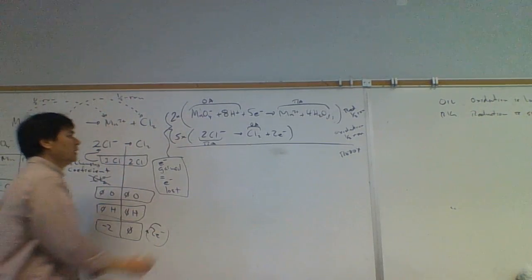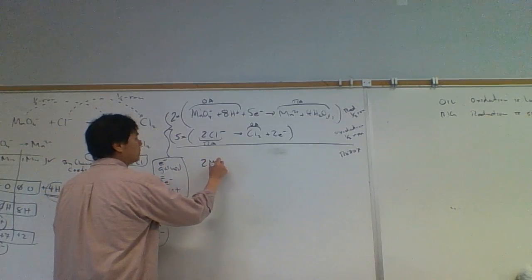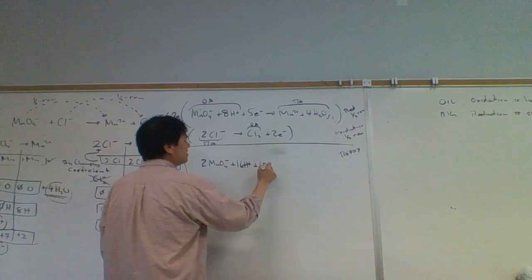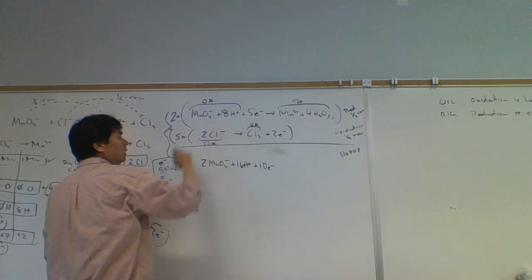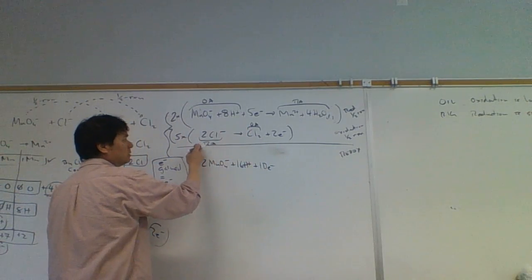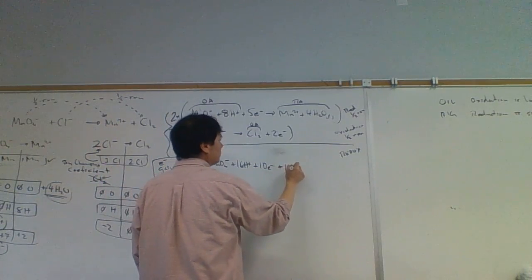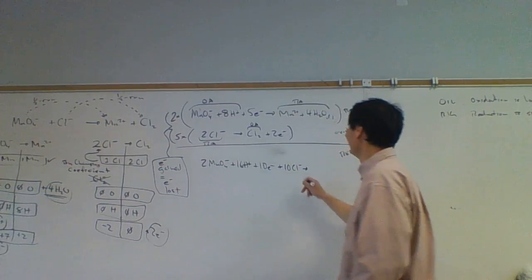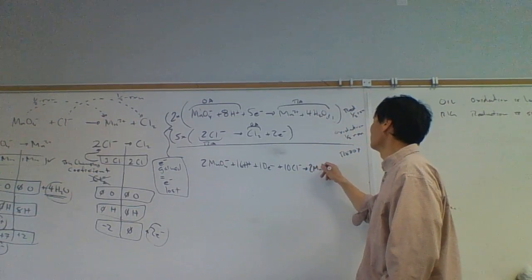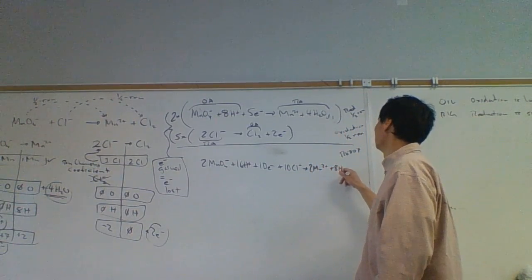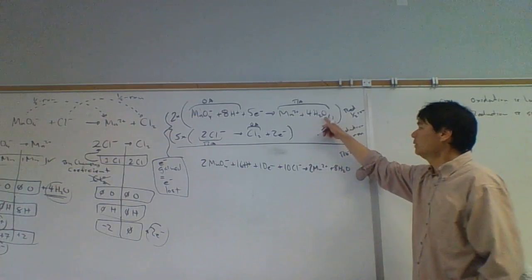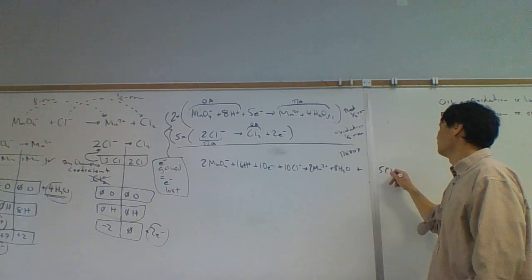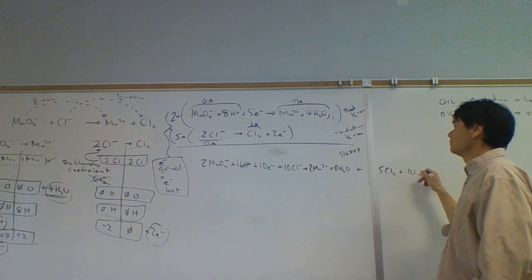That gives us 2 permanganates plus 16 H plus and 10 electrons from the top. Then we add the bottom reactants, plus 10 chlorides. On the product side, 2 manganese 2 plus and 8 H2O, then from the bottom, 5 chlorines plus 10 electrons.